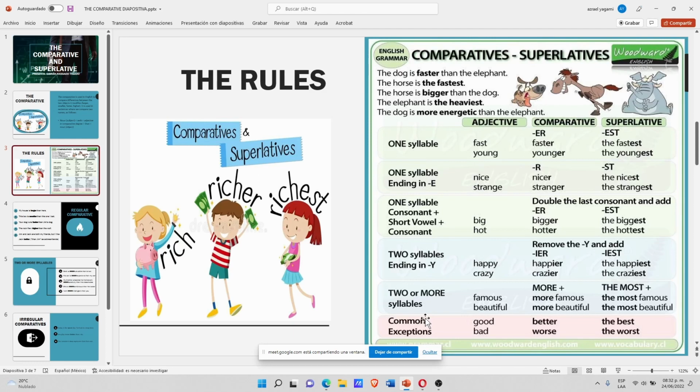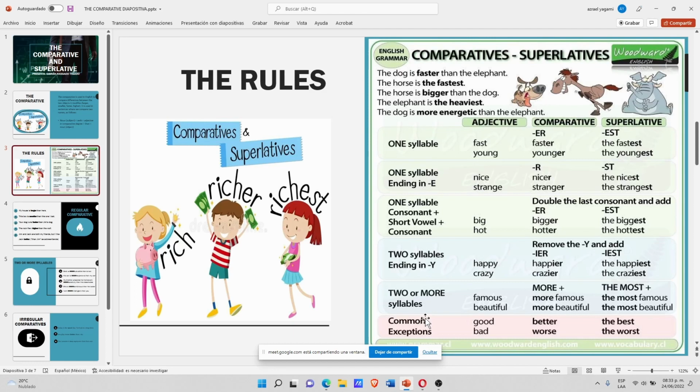With these adjectives, in the example good and bad, they change a lot. For example, when you use a comparative, good is better and bad is worse.